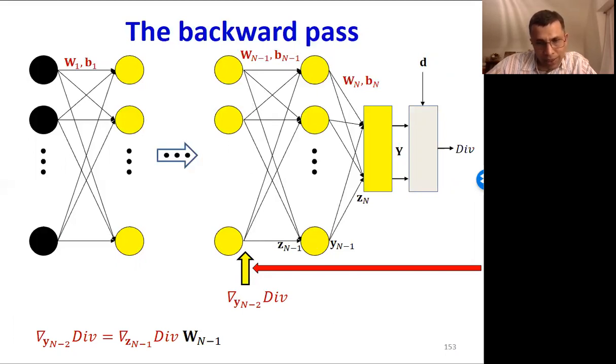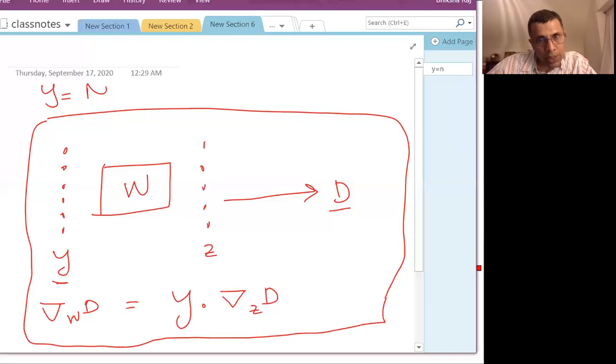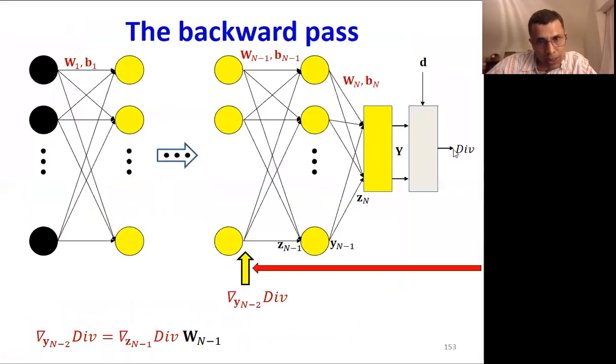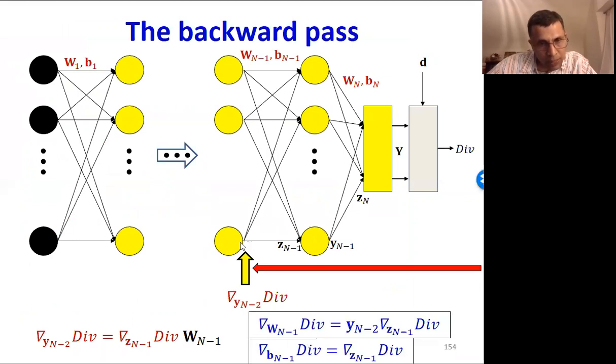And then again, using this rule that we just saw, I can also compute the derivative of the divergence with respect to the weights here, which is simply going to be the y value here times the derivative for the z values here. And the derivative for the biases is simply going to be the derivatives for the z values here.